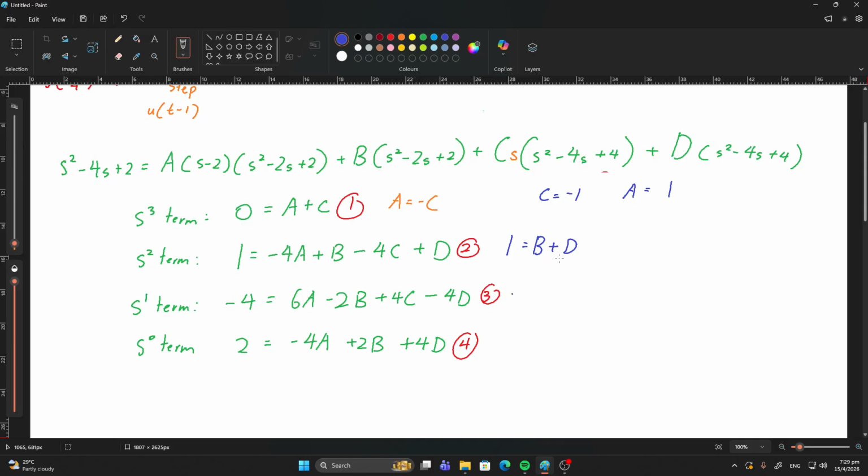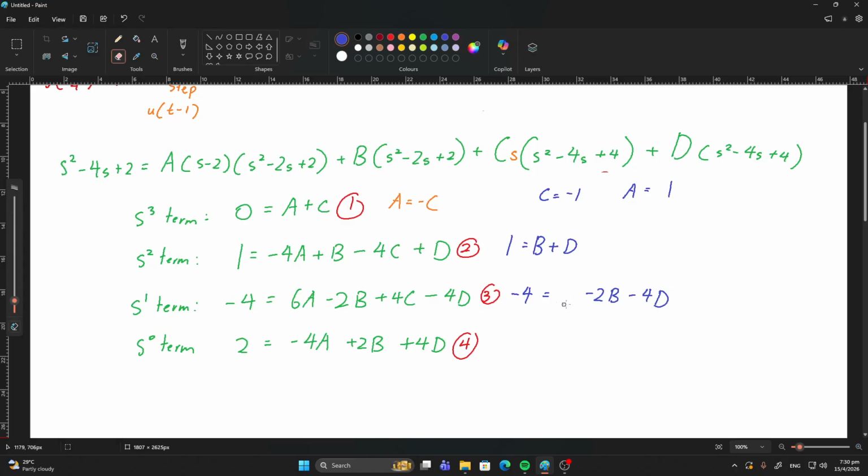Over here we have a minus 4 equals, we have a 6 minus 4, so it gives me 2 minus 2b minus 4d.